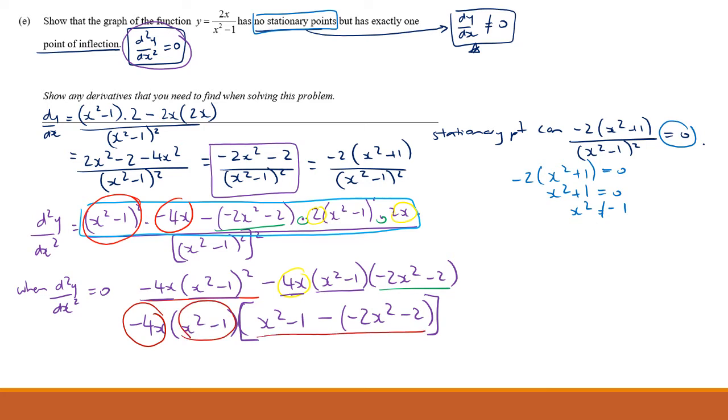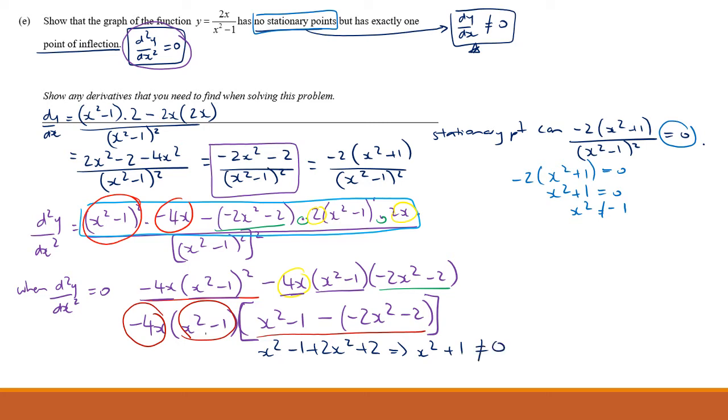Now this part in the bracket is going to be x squared minus 1 plus 2x squared plus 2, so that's going to be 3x squared plus 1, and again that can't equal 0, can it?